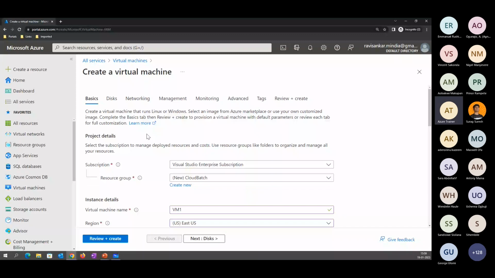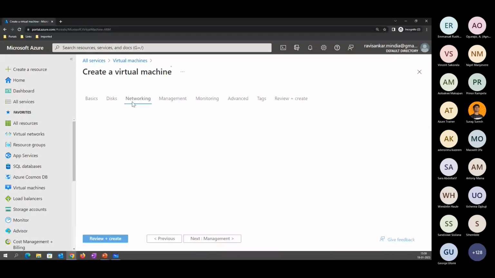You can see a tab on the top called the networking tab. Right now we are discussing how we can assign a public IP address.